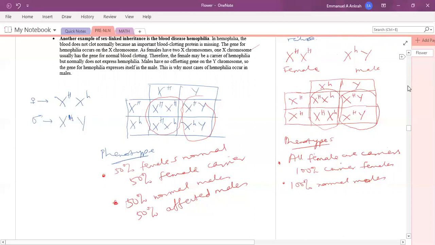All right. So let's go back to the textbook to practice some questions. Let's look at page 221.